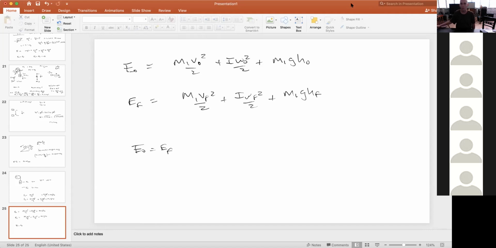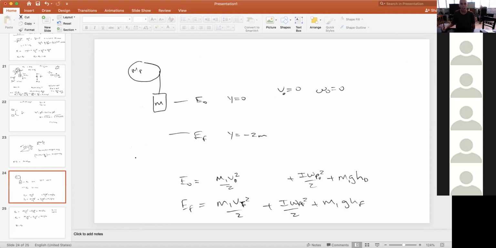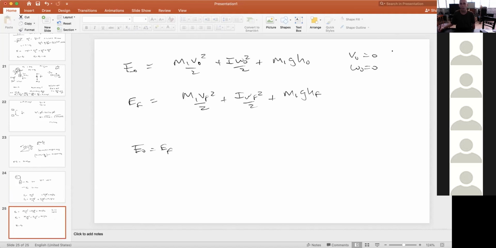And now I note that if I start from rest, V initial is equal to 0. Omega initial is equal to 0. And I can say that H initial or Y initial was equal to 0. So H initial is 0. H final is negative 2 meters. And then I know that V is equal to R omega. So I can turn this omega into V.